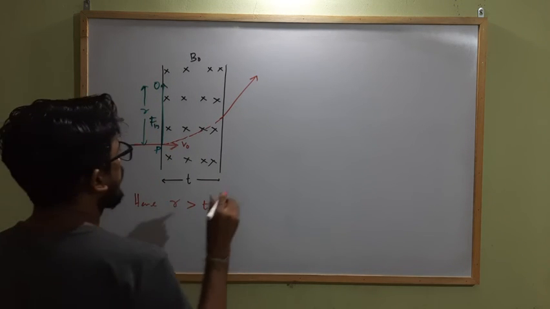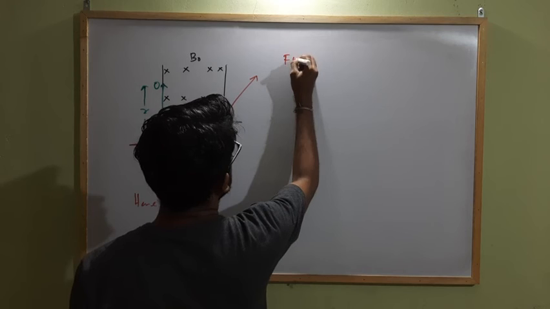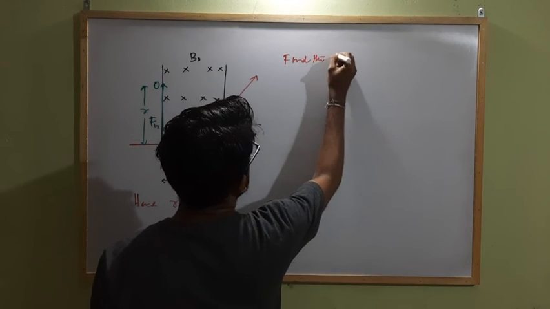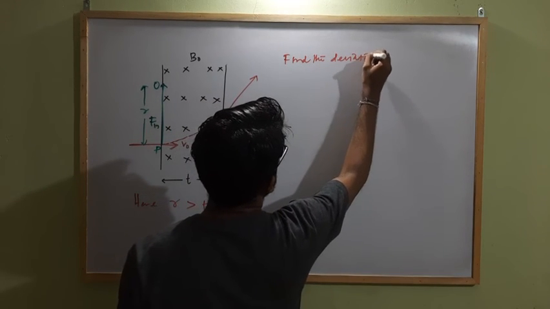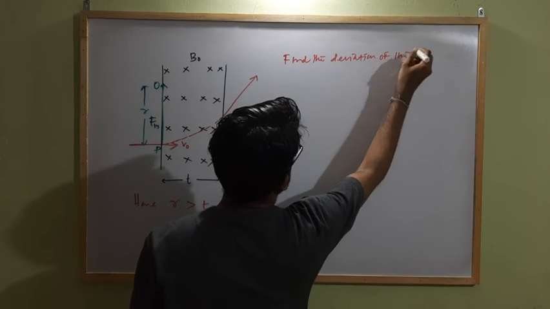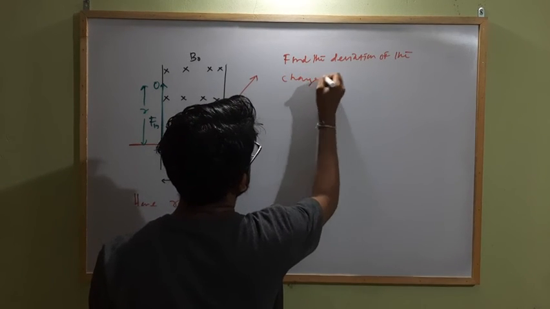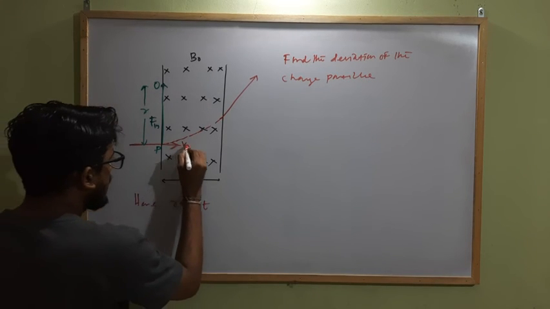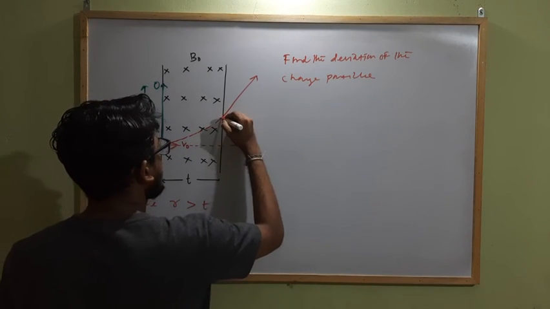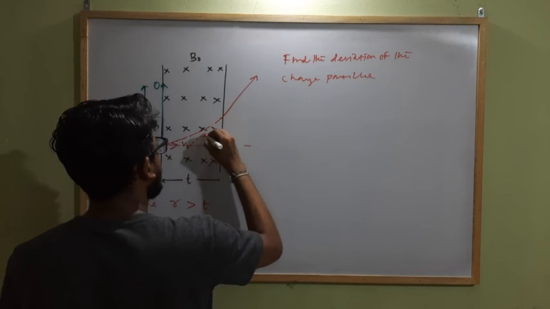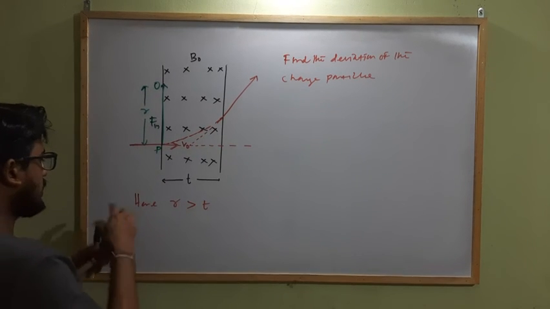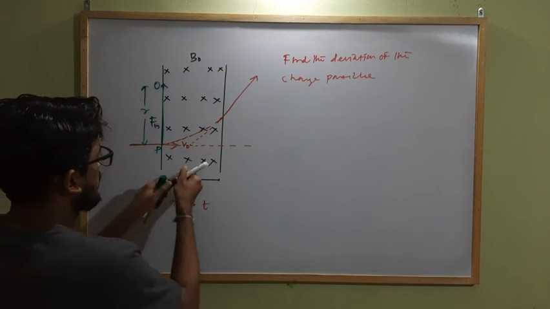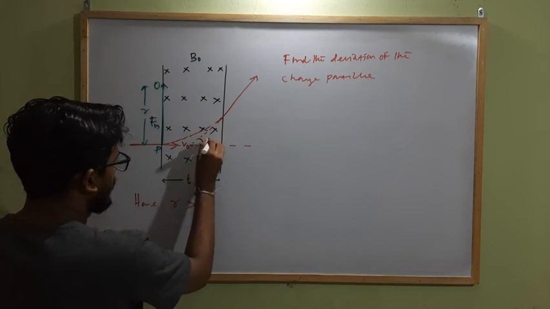Clear? So now we have to find the deviation of the charge particle. This is the initial direction of the charge particle, and this is the tangential final direction of the charge particle. So we have to calculate this angle theta, the deviation of the charge particle.